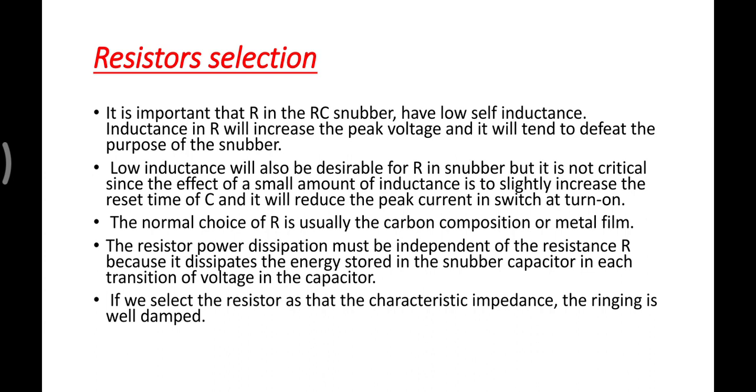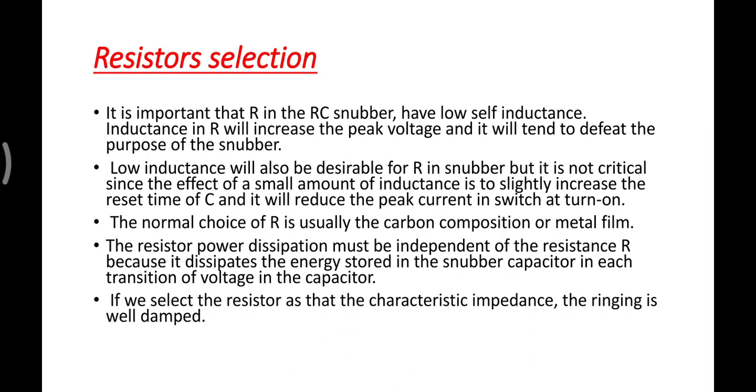So here we have to remember this also. Low inductance is desirable for the snubber circuit. That means inductance should be as small as possible. Why? Because even a small amount affects the entire circuit.